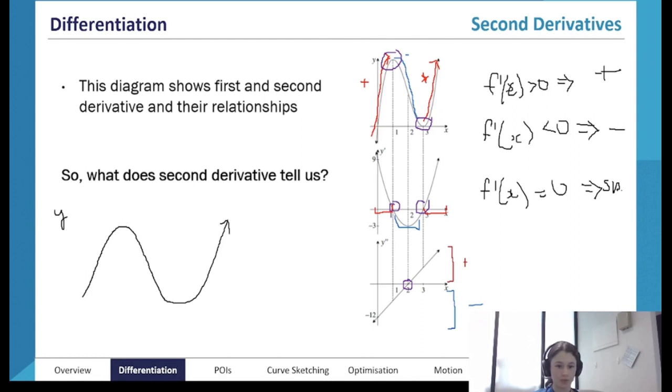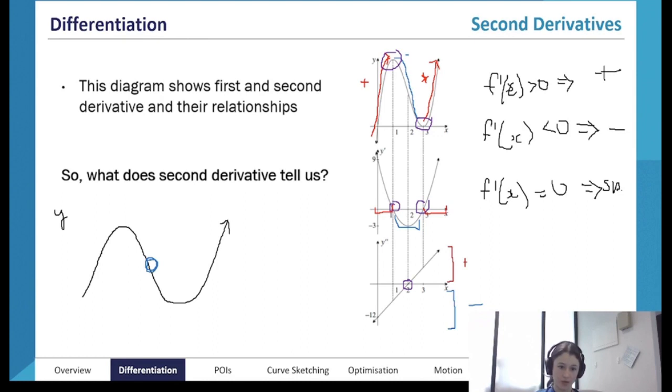So, as you can see in this section here, even though the gradient of this function is what we've drawn over here, the gradient of the function and the actual concavity of the function are not the same thing. So, as I said, the concavity tells us about whether the gradient is increasing or decreasing.